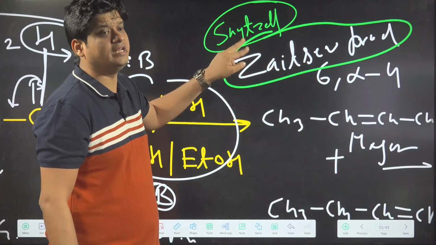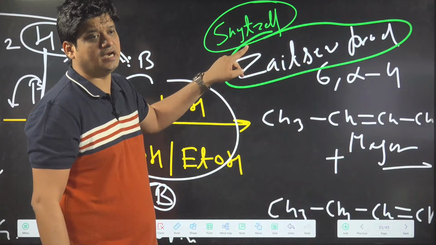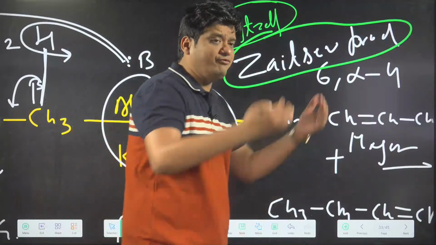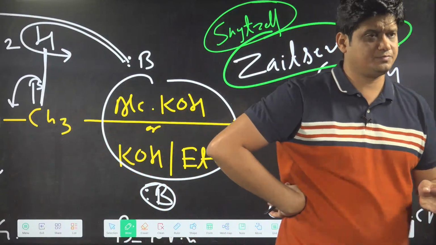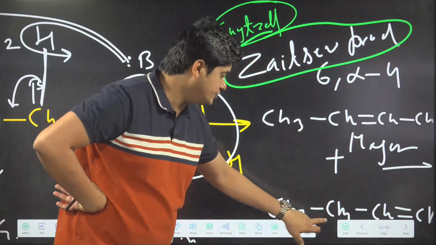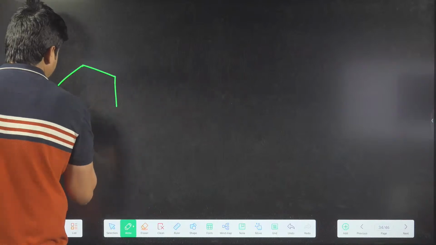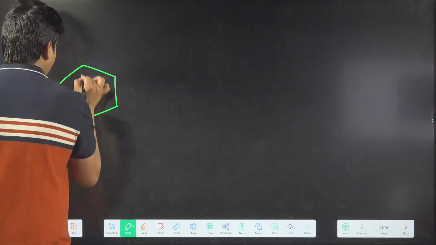It is also written in NCERT. And if the less stable alkene is formed as the major product, that is known as the Hofmann product. What is the chemistry of alcoholic KOH is clear. I will take one more example so we'll understand the concept. Let's say this is given.